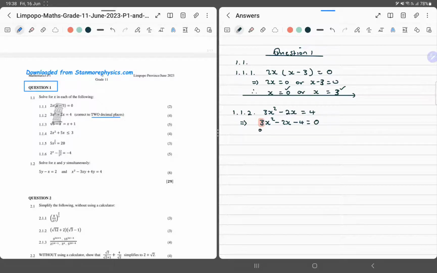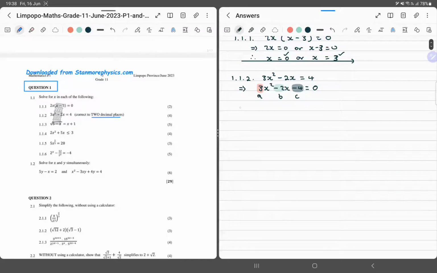That becomes our a value. This becomes our b value, which is the coefficient of x. And then the constant term becomes our c value. Okay, great.